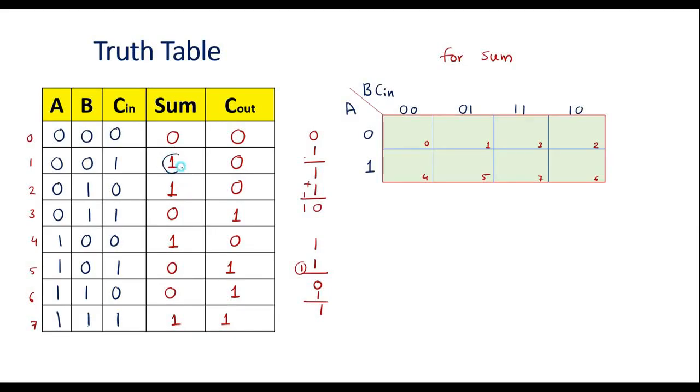Here the decimal representation is 1, so in cell number 1 we write 1. Here we have 1, that is minterm 2, so in cell number 2 we write 1. Then here we have 1, minterm 4, so in cell number 4 we write 1. Here we have 1, that is cell number 7. In all the rest of the cells we write 0.